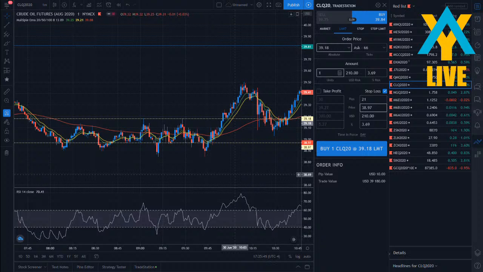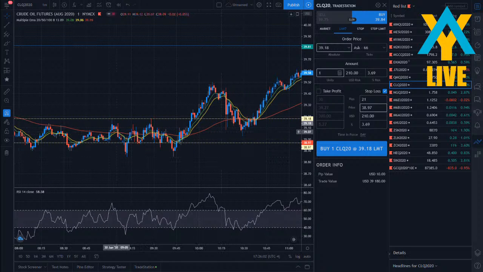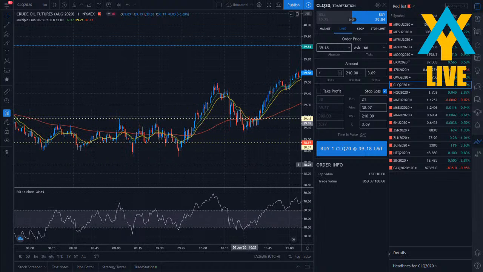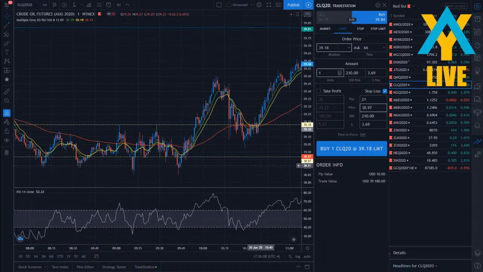Like, how does something go negative? Well, this is what went negative. This isn't the same exact contract, because this is the August contract, but it's the same asset class. And so I knew I was messing with fire here, but I got burned. Really, there's no other way to put it. I got burned playing with crude oil.